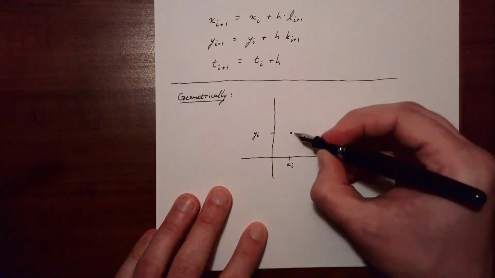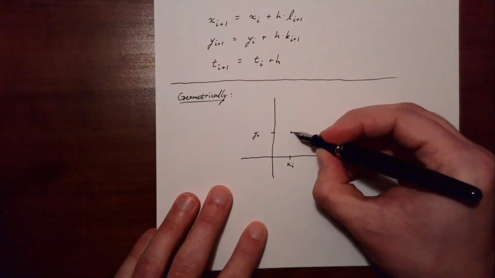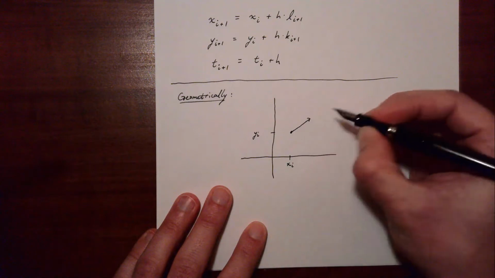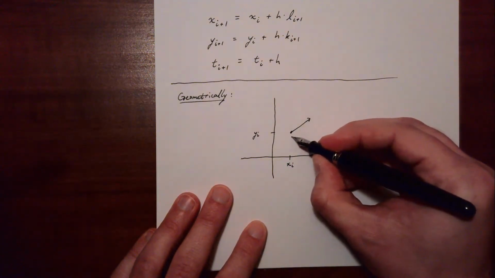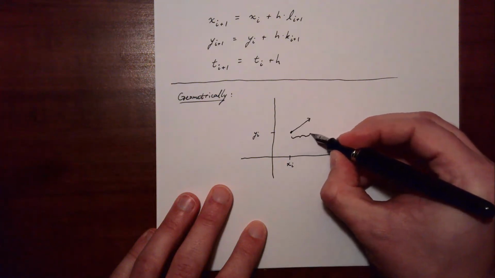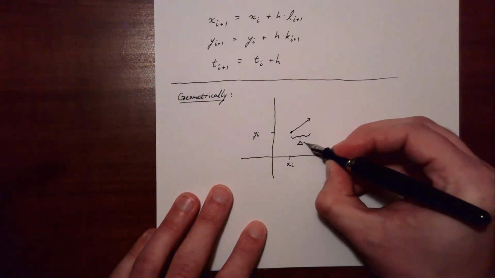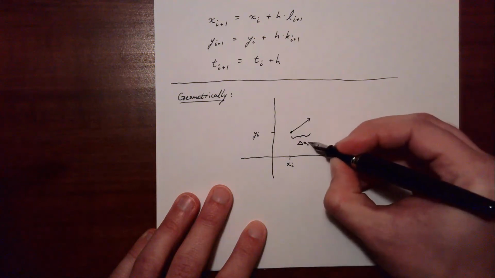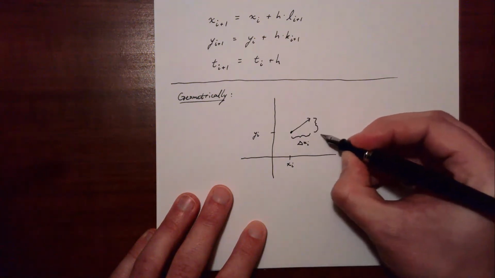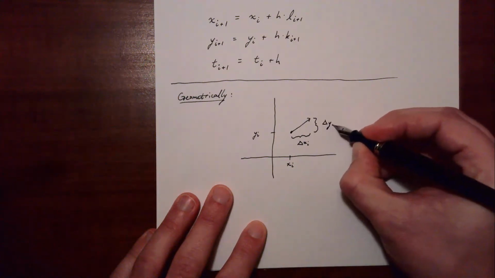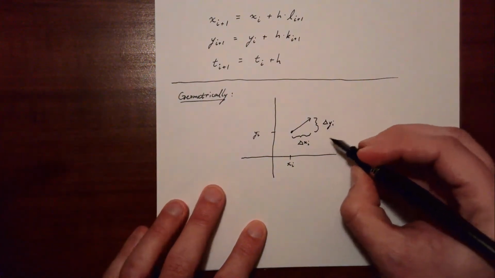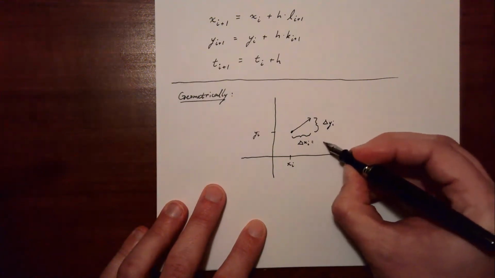Then we figure out how far the x is changing and how far the y is changing, and that makes it almost like a vector. And in fact, not almost like a vector, exactly like a vector. This is going to be the change in x sub i, and this is going to represent the change in y sub i, and each one is basically just dictated from above.